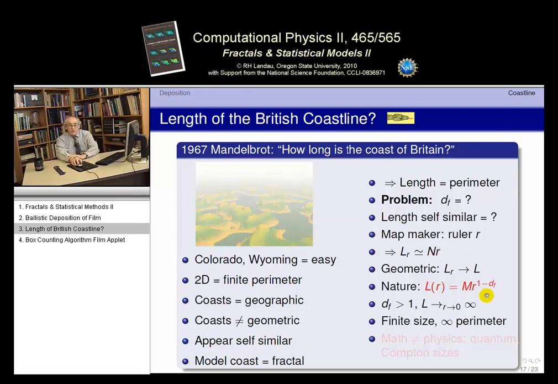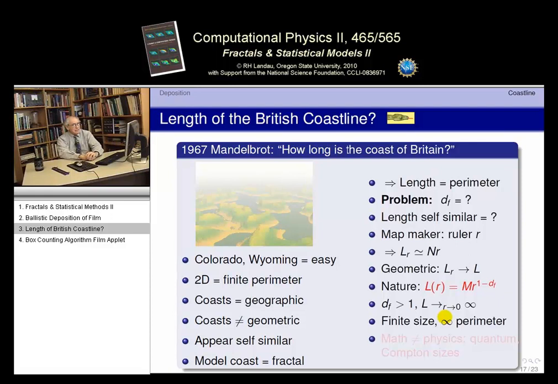That's fine. So in nature, however, what the mathematicians who've studied this and the geographers who actually look at maps find is that the length of a coastline is some constant m, we don't care about that, times r, the length of our ruler, raised to the power 1 minus d sub f. Okay, fine. Well, that's good. The problem is, if d sub f, the fractal dimension of the object, is greater than 1, that means as you go to smaller and smaller ruler size, the length of the object, of the perimeter, goes to infinity.